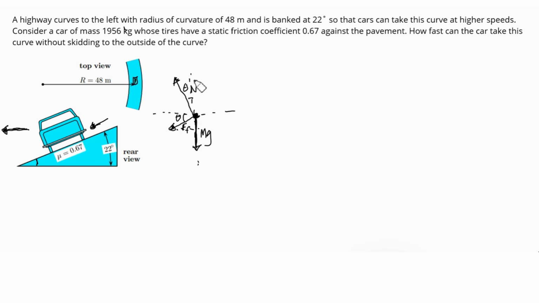So if I were to see what forces I have in the y direction, I have n times cosine theta, which is this component of the normal force, I'll draw it in red. That's positive upwards, plus this component of the friction force, which is acting downwards.